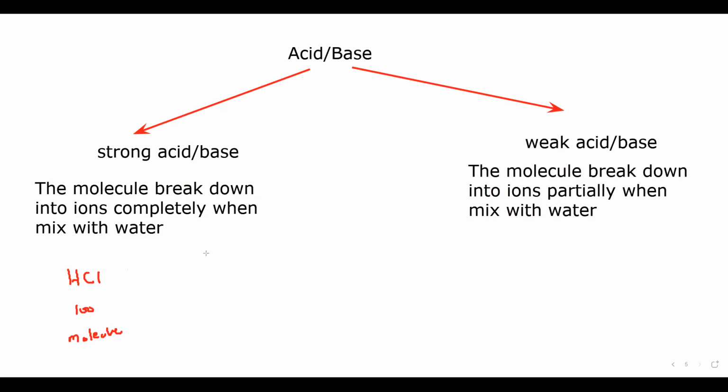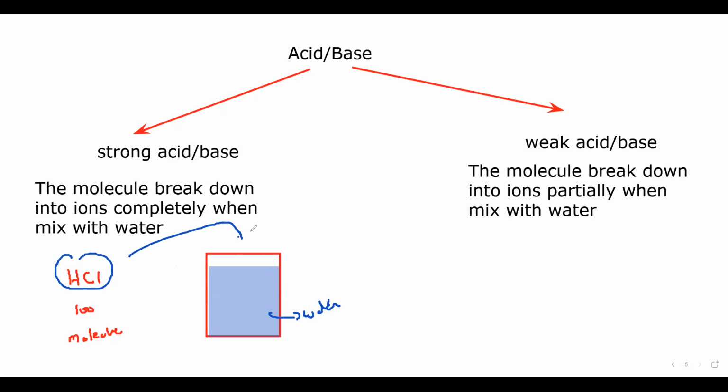And we take a container, we fill this container with water, and we add these 100 molecules of HCl to this water. What we find is the majority of the molecules break down into H plus and Cl minus ions. And very few, maybe one molecule, does not dissociate or break down, but most of the molecules dissociate into H plus and Cl minus.